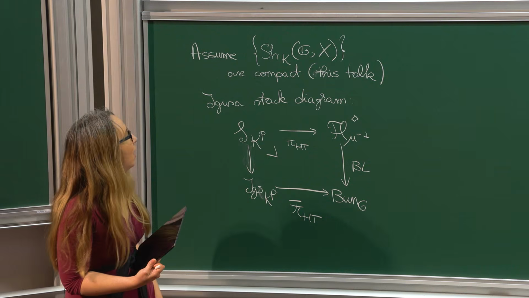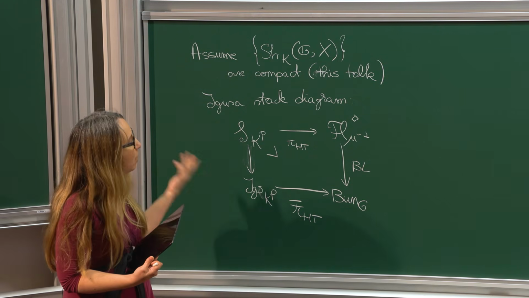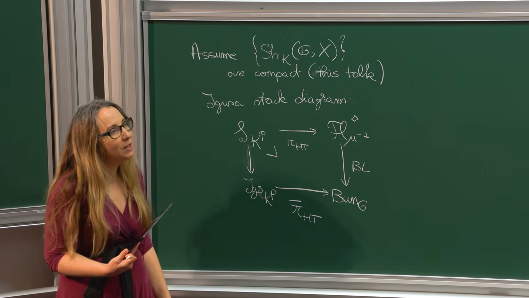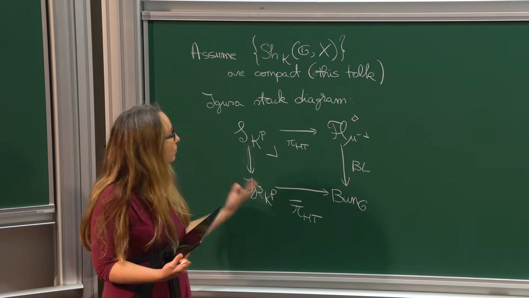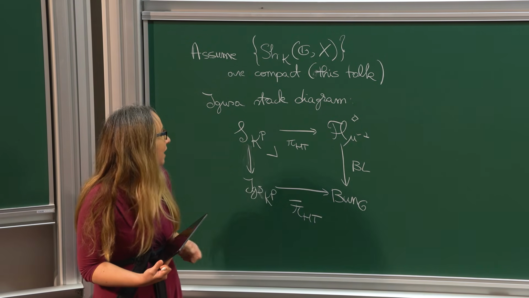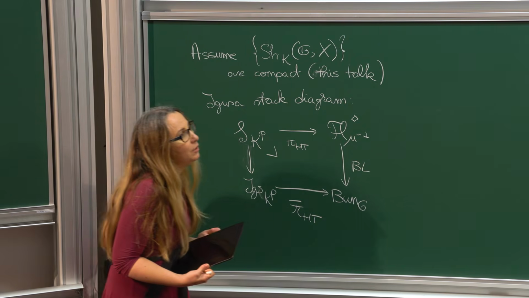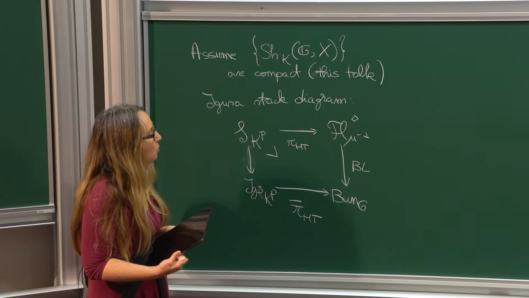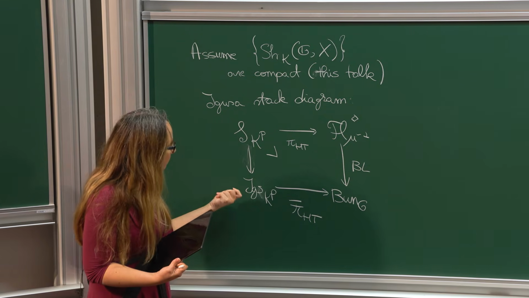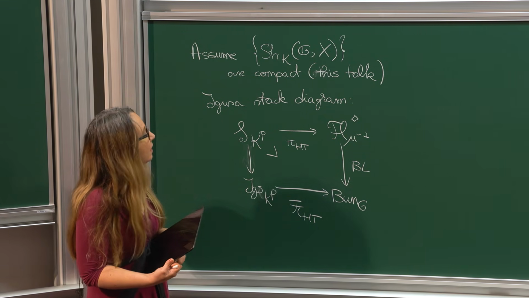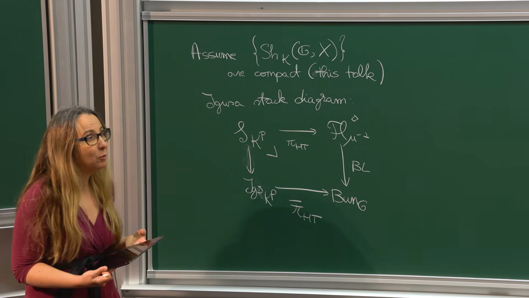And in turn, this relies on work of Oort, Mantovan, and Harris-Taylor, who studied the geometry of the special fibers of Shimura varieties. And then if I restrict particularly to the basic point over which this Igusa stack lives, then that recovers Rapoport-Zink uniformization.